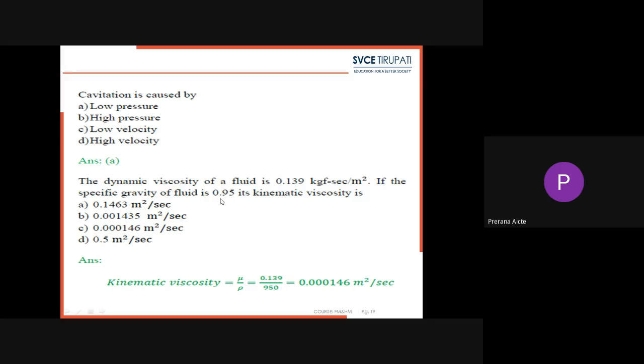We have the specific gravity of the fluid, 0.95. The specific gravity of the fluid is equal to the mass density of the fluid divided by the mass density of the standard fluid. The mass density of the standard fluid is usually 1 gram per cc, or 1000 kg per meter cube.